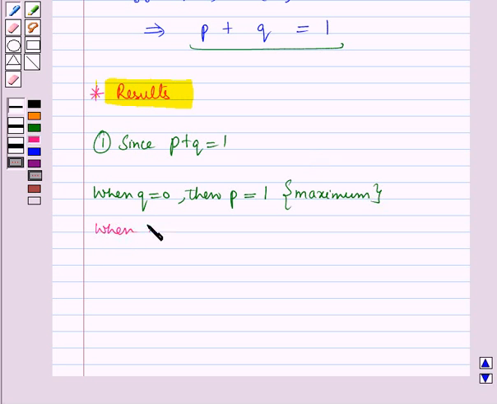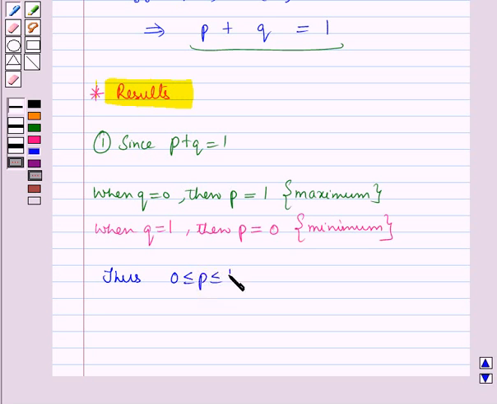And when Q is equal to 1, then P will be equal to 0, that is, the probability of happening of an event will be minimum. Thus, the probability of happening of an event is greater than or equal to 0 and less than or equal to 1, and also Q is greater than or equal to 0 and less than or equal to 1.